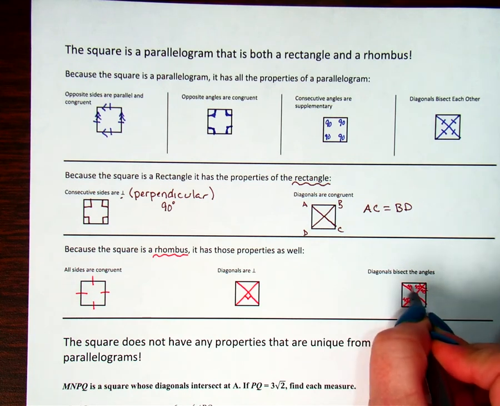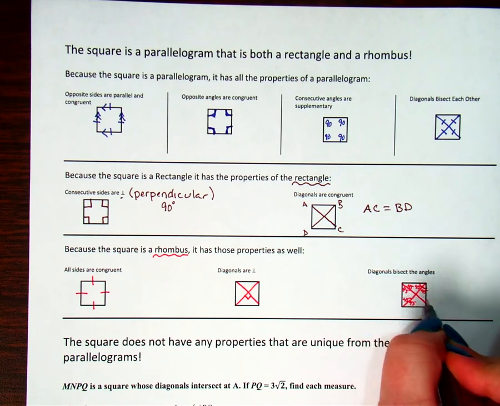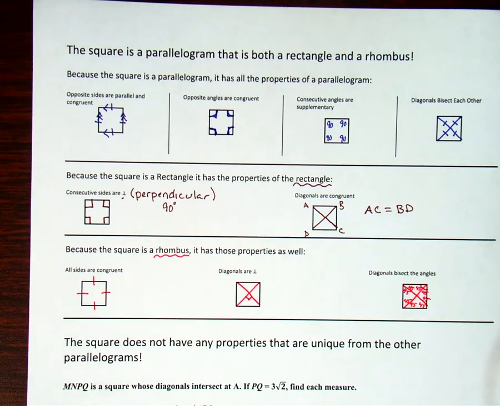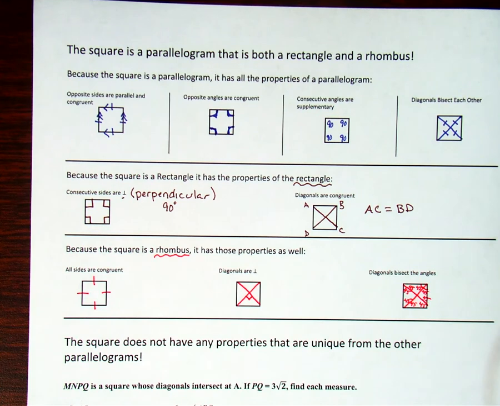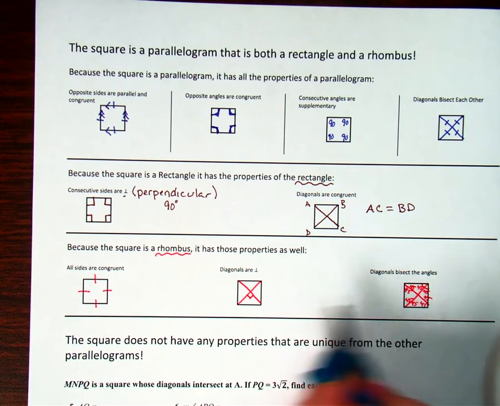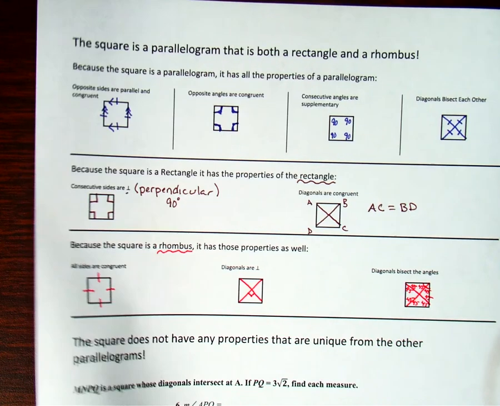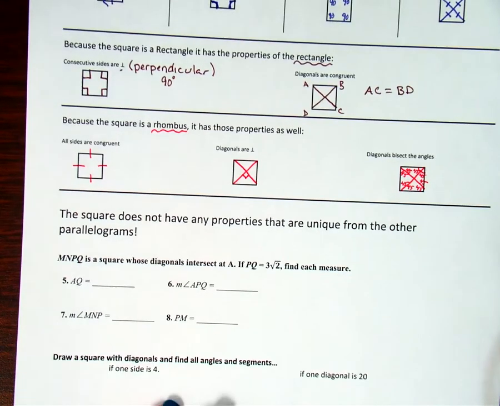So again, sorry I didn't draw that very neat. 45, 45, and 45. So all of those little tiny angles in there, I need a bigger square, all of those little tiny angles in there are going to be 45 degrees, and then that angle in the middle is going to be 90. Okay? So what's kind of unique about the square is it doesn't have any of its own properties.